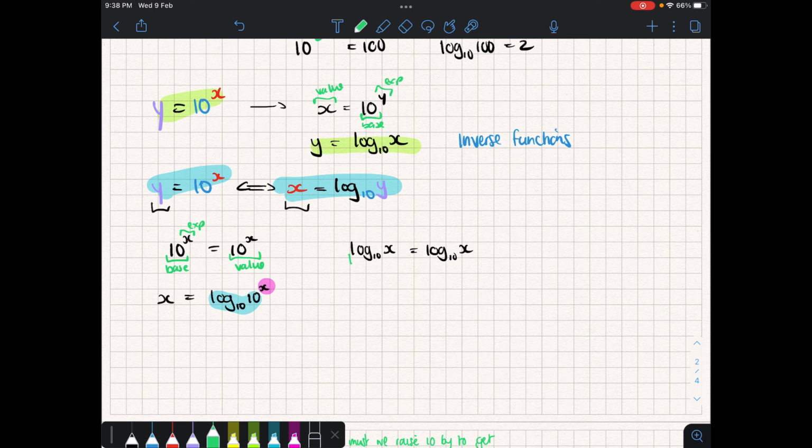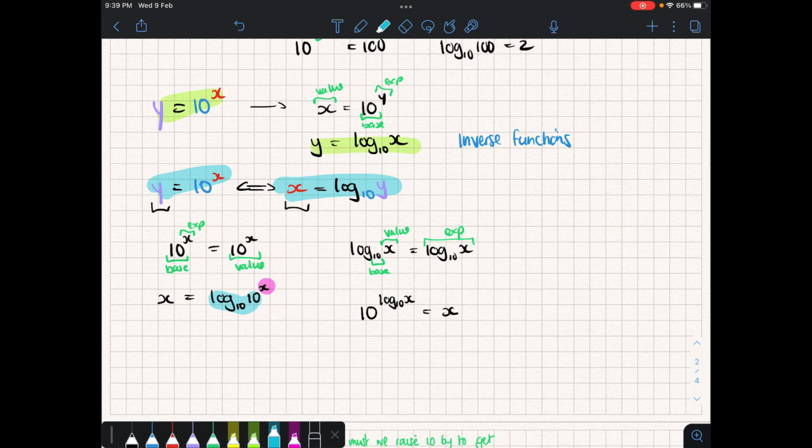Here we have the base, here we have the value, and here we have the exponent. Let's change this back to exponential. So we write to base 10, now we need to raise to the exponent, and this is equal to the value. And once again, we've come up with a simple log rule.